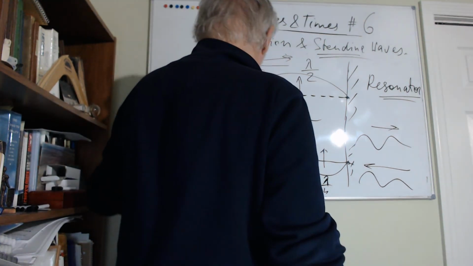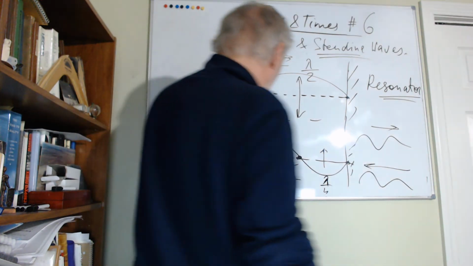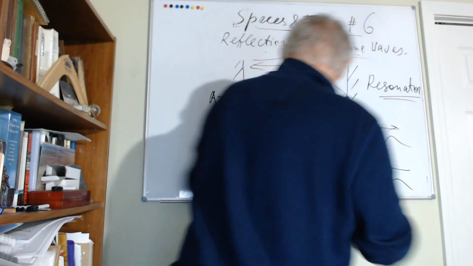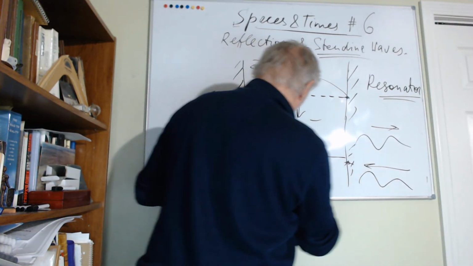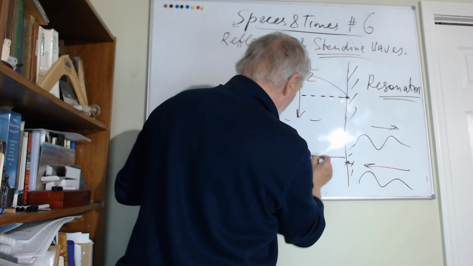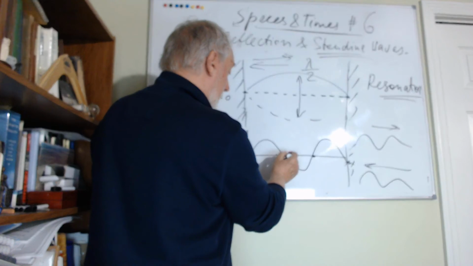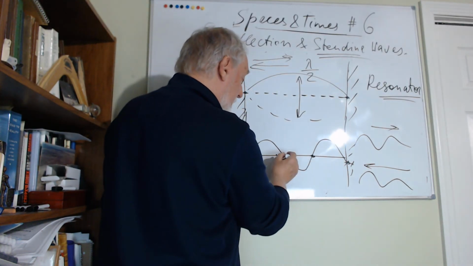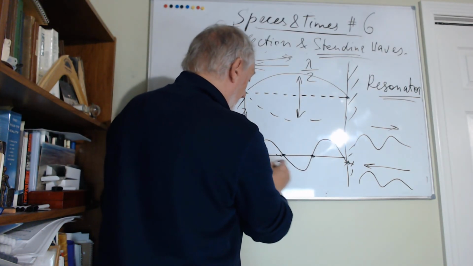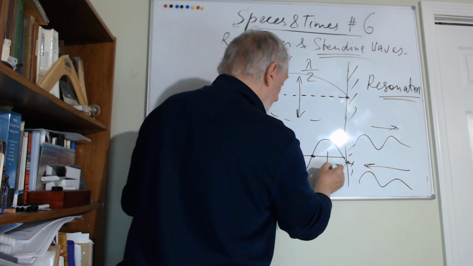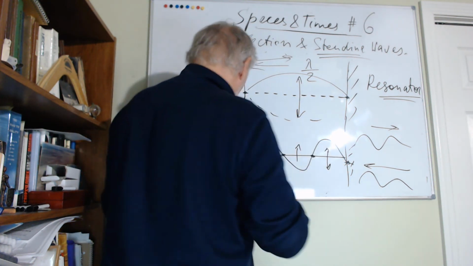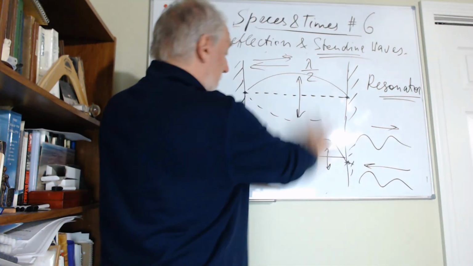And also another case, in which you have two points like this and it goes like this. Again you have two points which are not moving at all, but these parts are moving up and down.